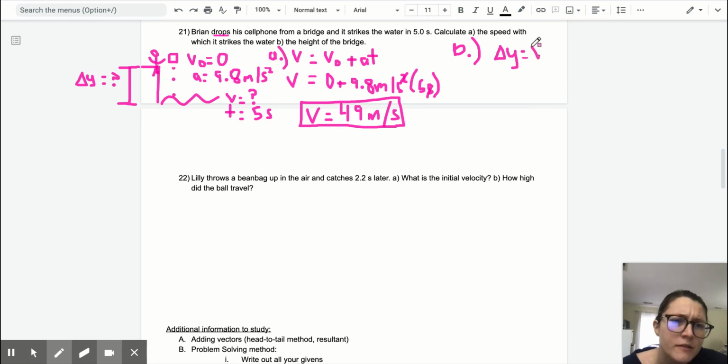So delta y is equal to initial velocity times the time plus 1/2 times the acceleration times t squared. Our initial velocity is 0. 0 times t is 0. So this whole segment here is going to become 0.